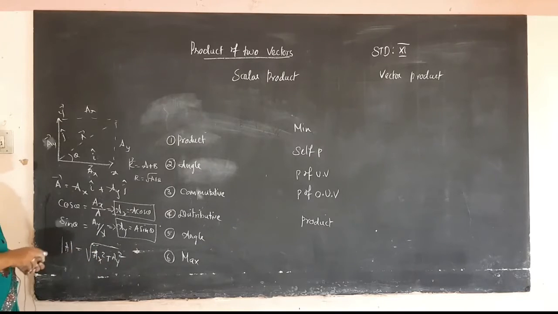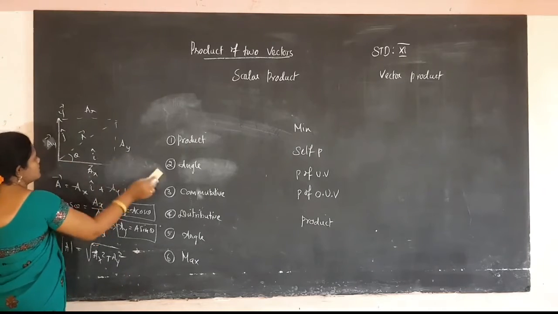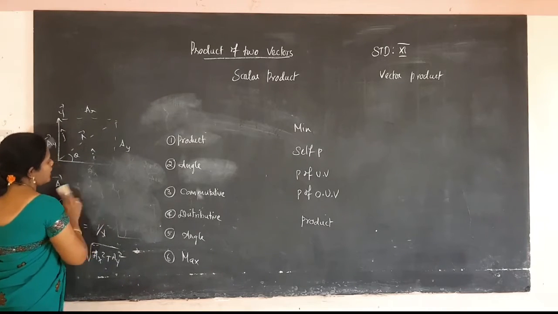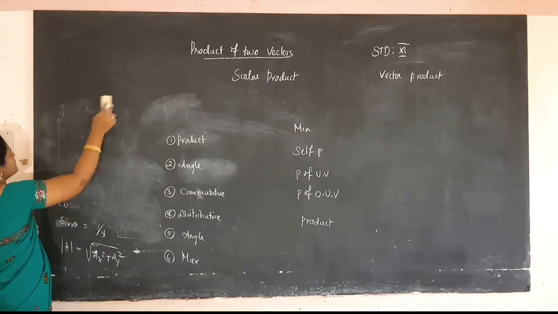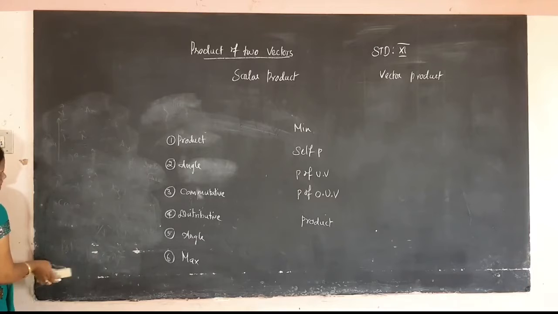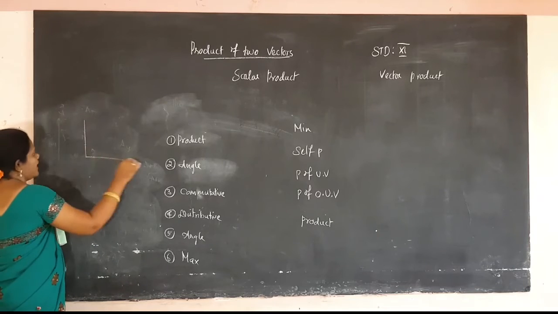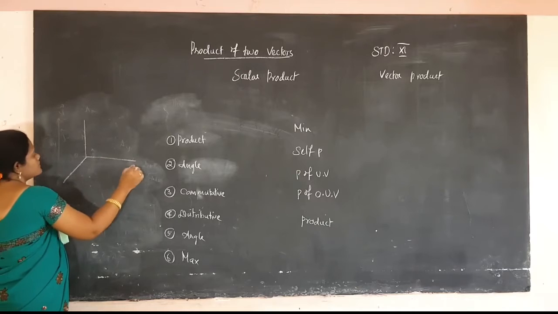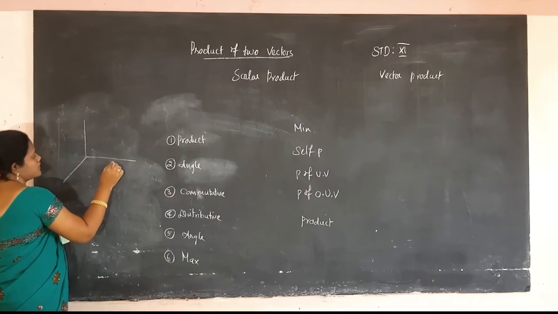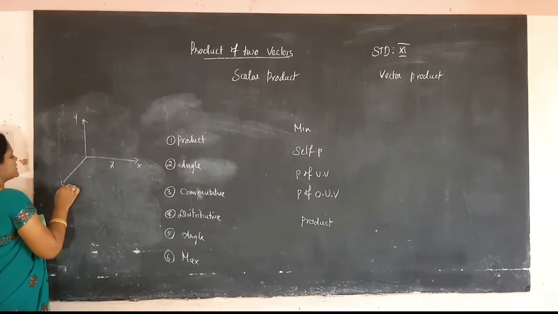Okay. Now we will consider three dimensions. How do we calculate the resultant in three dimensions? First, x, y axes. One vector will be moving along x, y, z. Okay, this is a vector, a vector along the x axis, y axis and z axis.